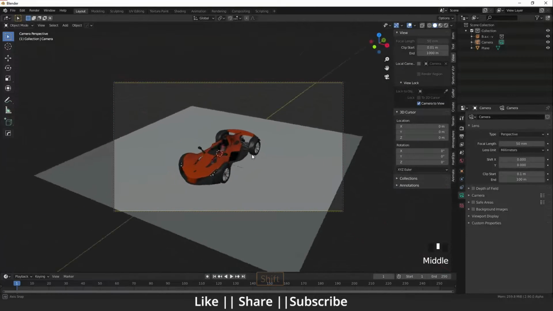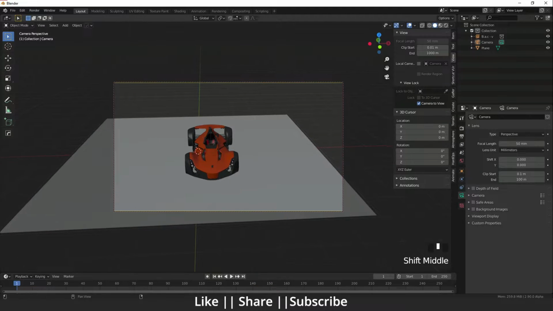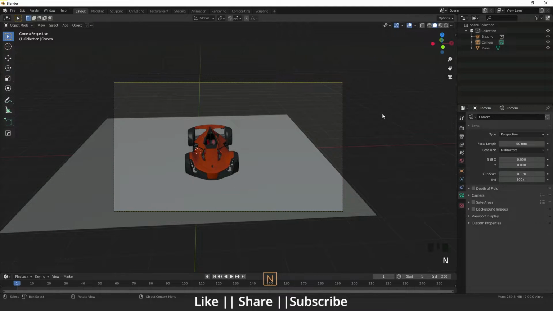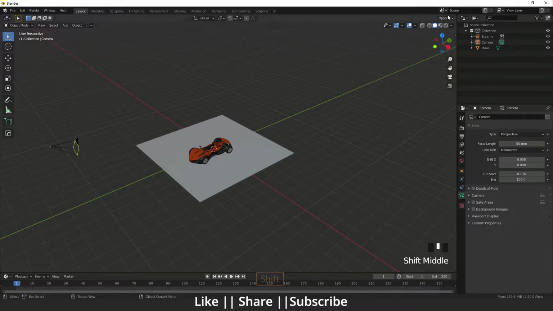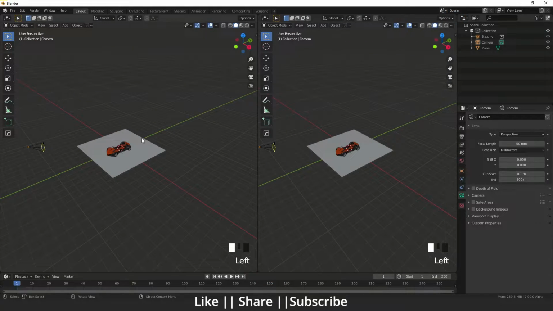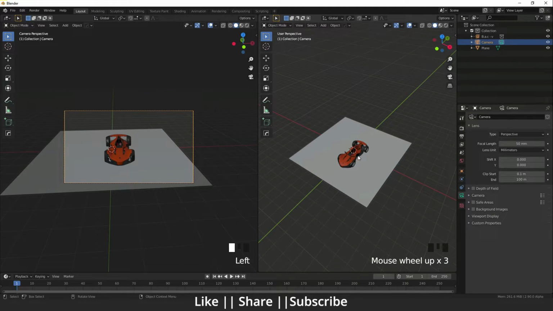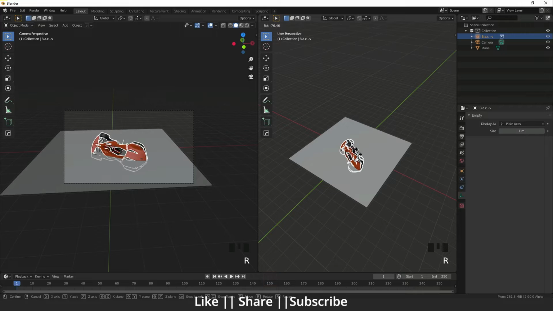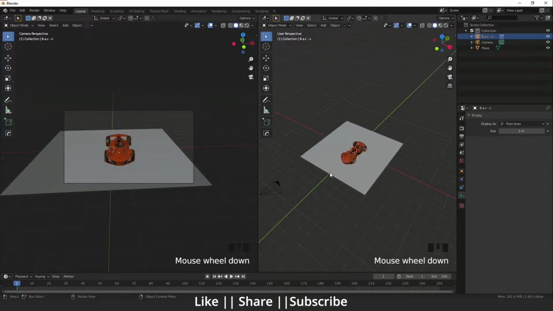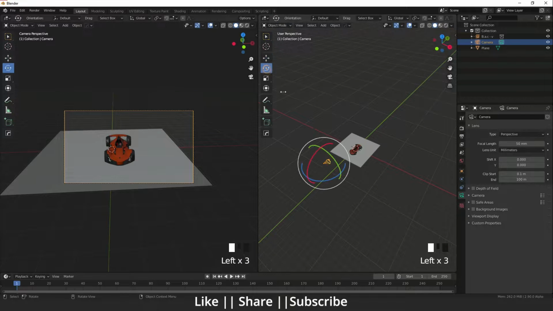What I saw is that some people split the screen like that and set the camera view, and they rotate their model, and sometimes they rotate their camera as well, but this is not good.